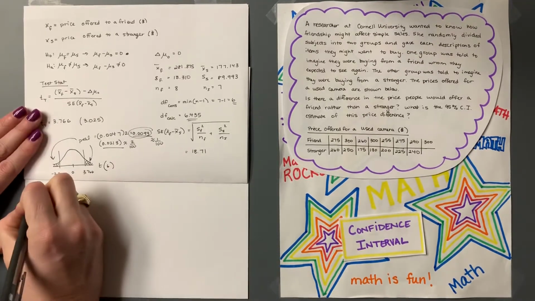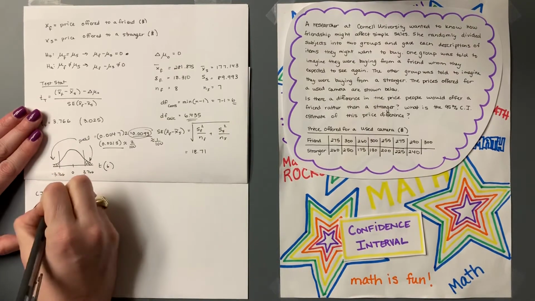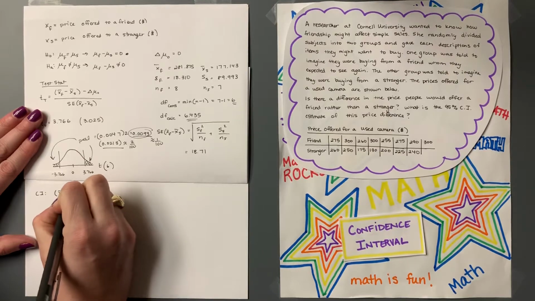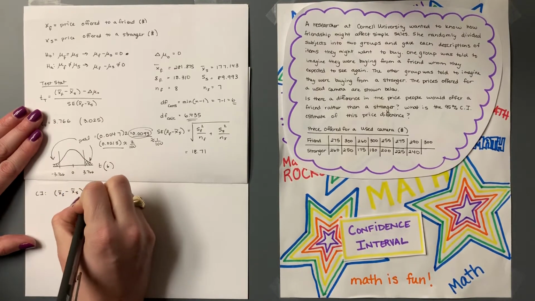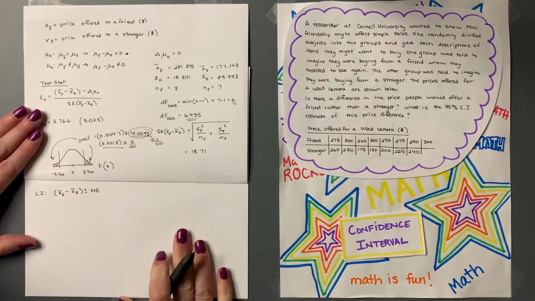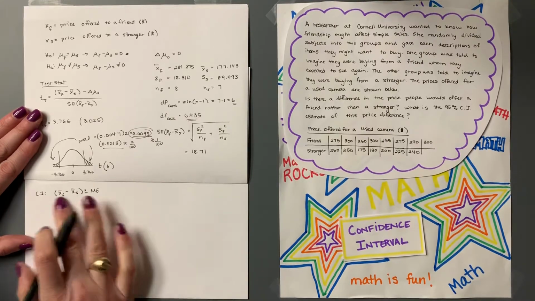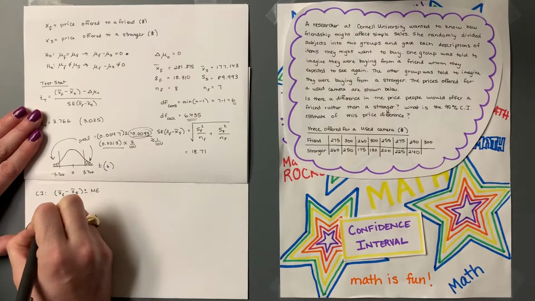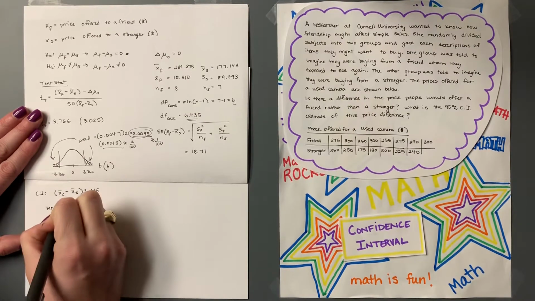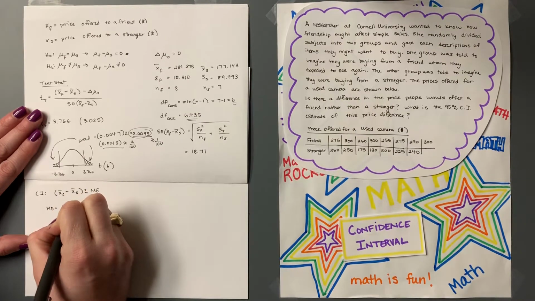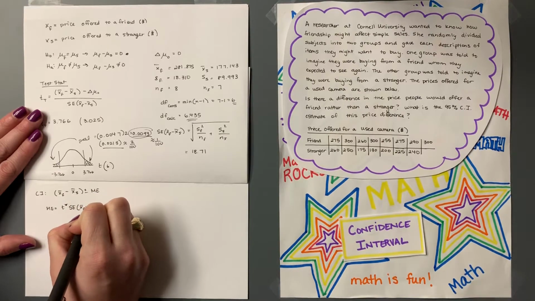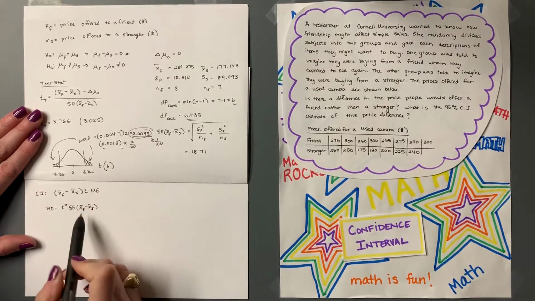Now, our confidence interval is going to be our best estimate, which in this case is the difference of means, plus or minus a margin of error. So our margin of error is going to be our critical value multiplied by the standard error of the difference of means, which we already know.